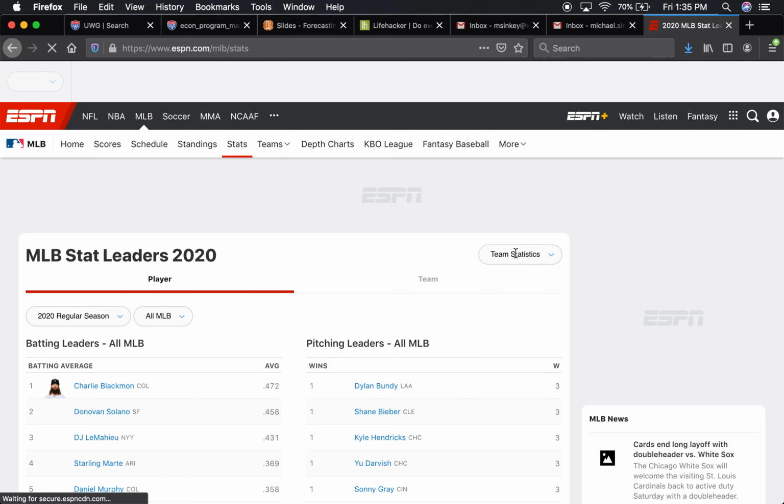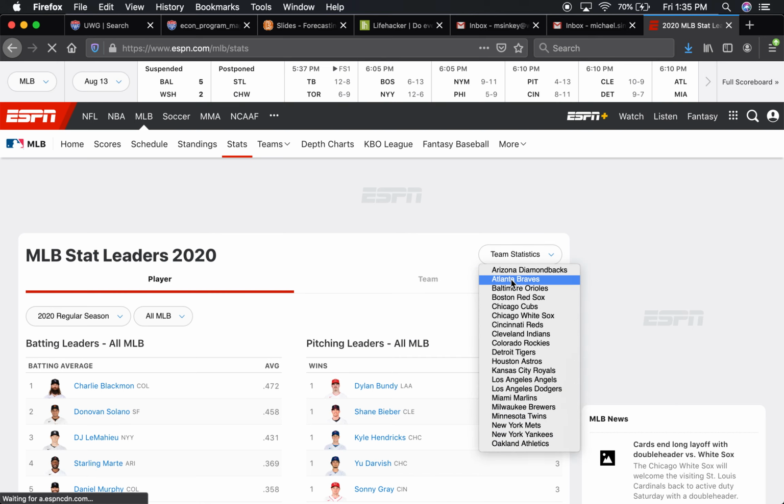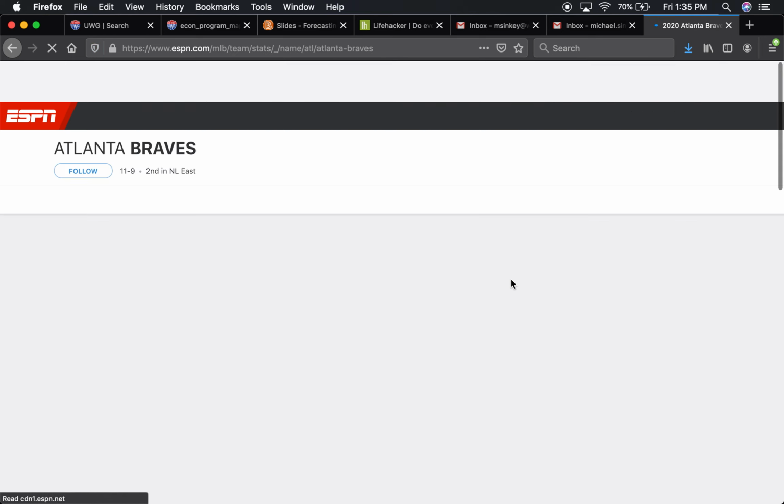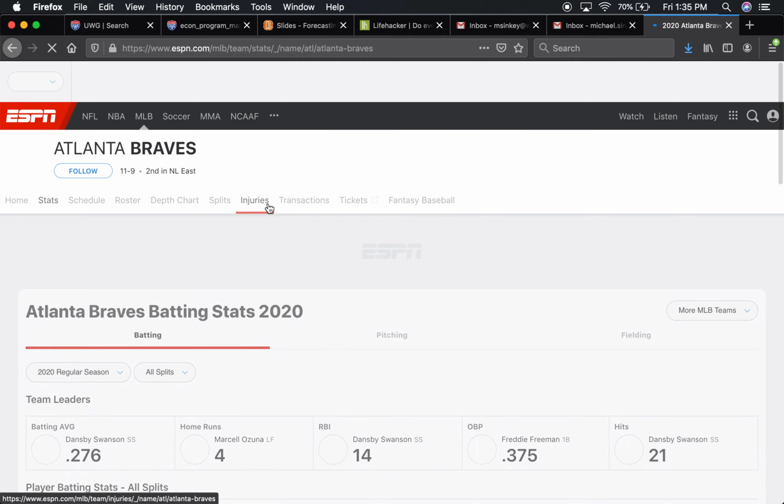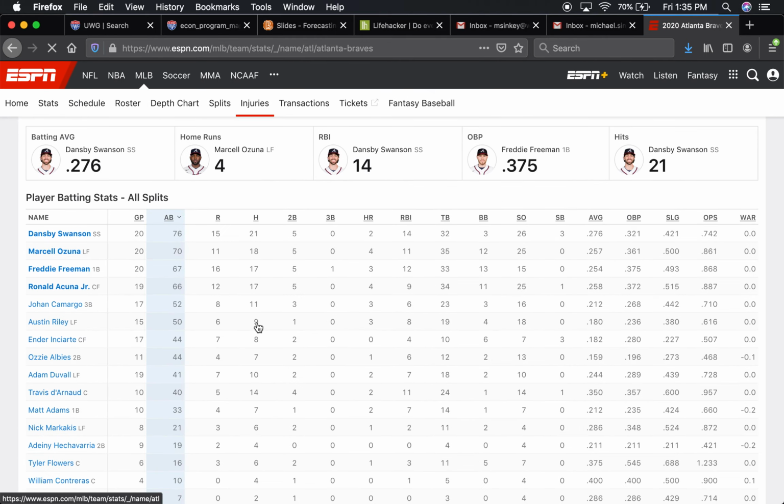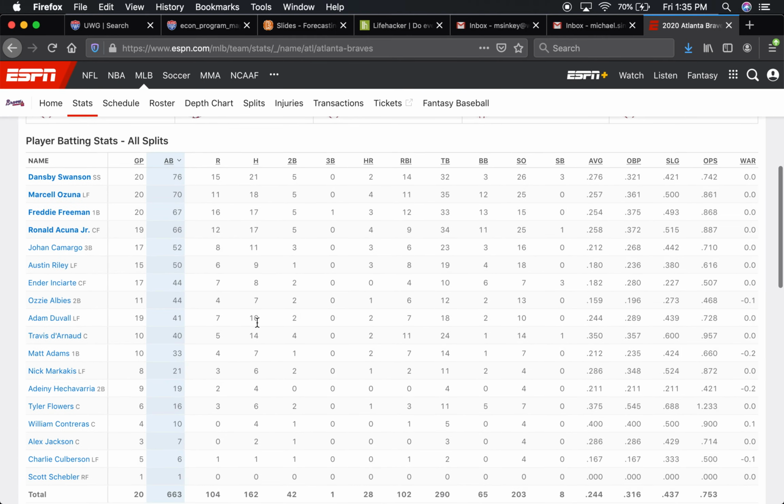So I go to team statistics here. You can have a look at the Braves statistics here. These are the player statistics for the Braves. You see Swanson, Ozuna, Freeman, Acuna, Ozzy Albies, etc. They're all listed here. And this is as of Friday. This is how they've performed up to this point in the season.